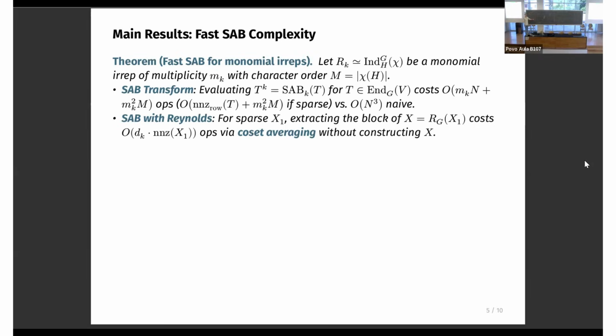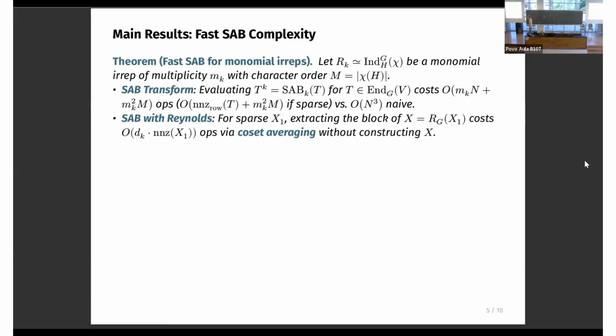You start with a matrix that is not commuting with the action, you apply the Reynolds operator to make it commuting, and then you apply the subtransform, which is a situation you're often in in polynomial optimization, which I will get to in a bit. You can make this whole operation much faster just by writing it down. There's nothing deep in there.